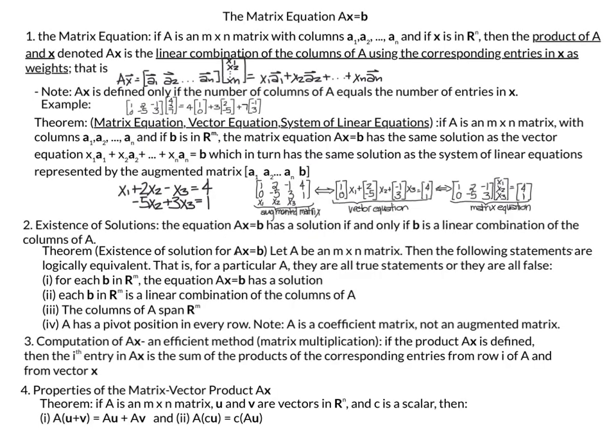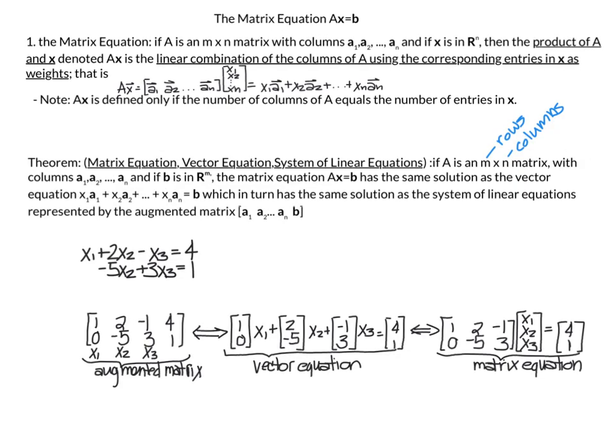Now that we've looked at how to multiply a matrix times a vector, we have this theorem that essentially says there's an equivalence between a system of linear equations, the corresponding vector equation, and the corresponding matrix equation. So we'll look at this theorem now along with this example.